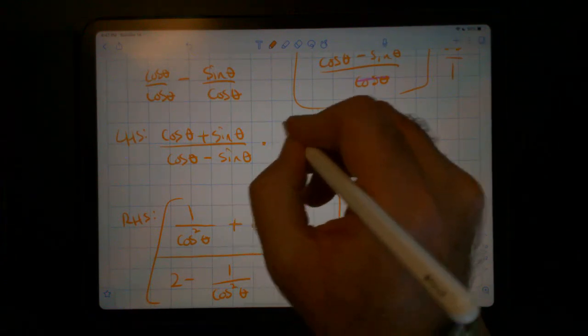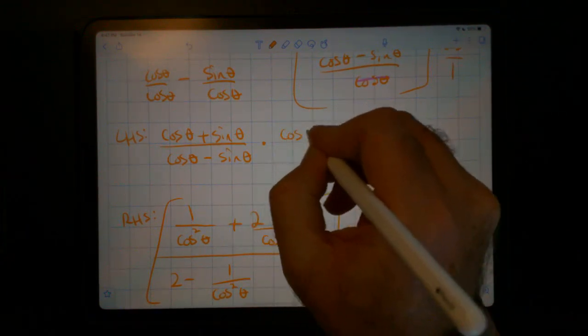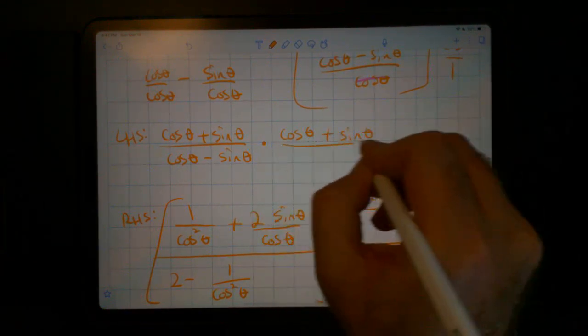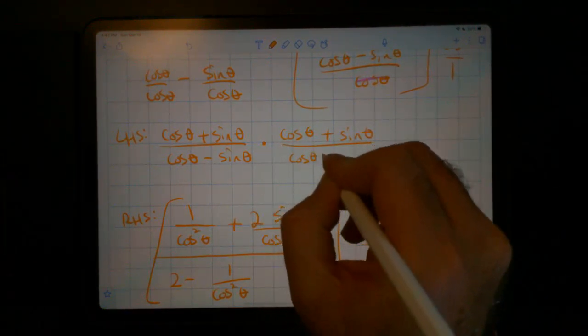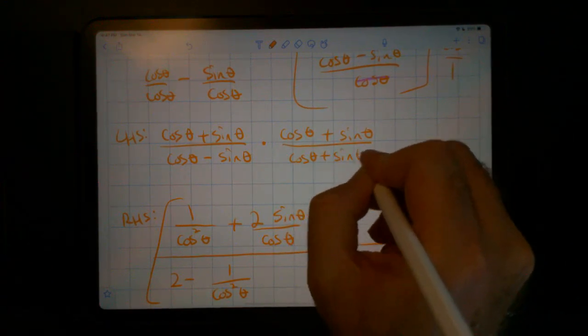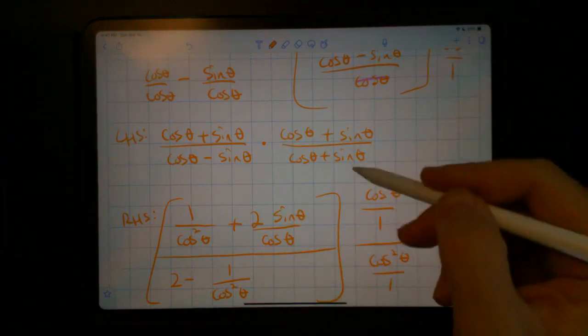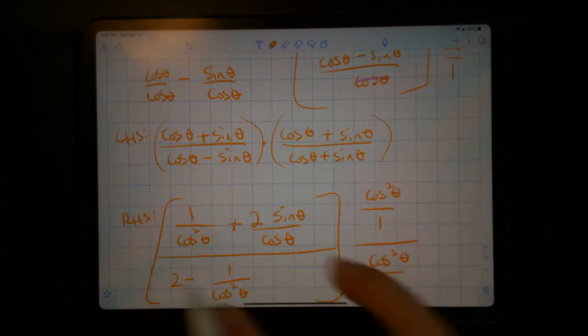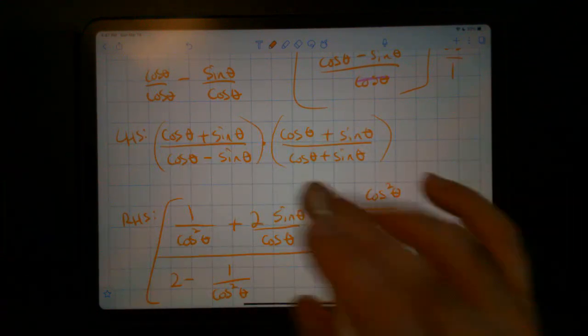What if we were to multiply this by the same non-zero number divided by itself? This is the difference of squares in the denominator, and we'll do something in the numerator.